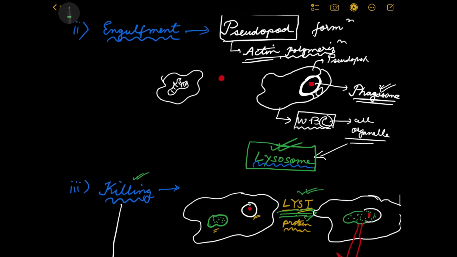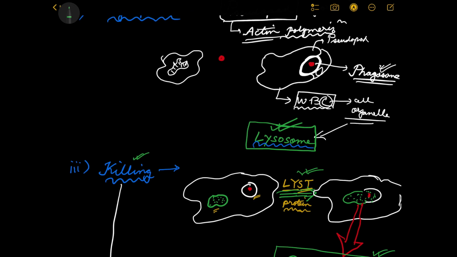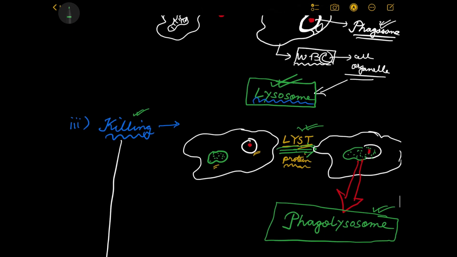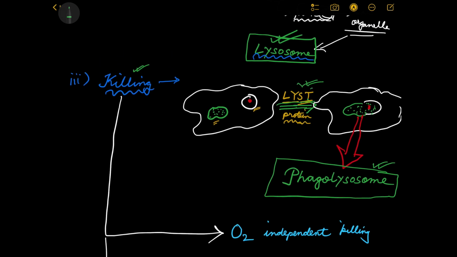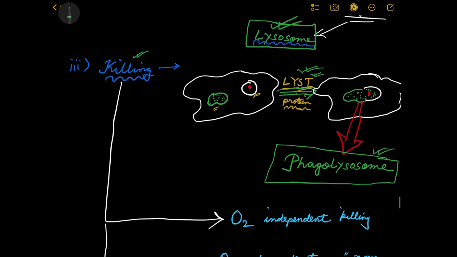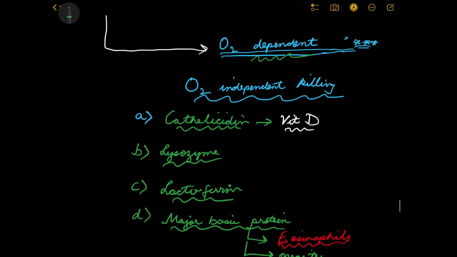Then there was the step of actual engulfment, right? And after that, phagosome formation, I had said that there is this protein, LYST protein, which was very much required for the phagolysosome formation. Now finally it is time to talk a little bit about this protein and see what problems the deficiency of this can actually cause.